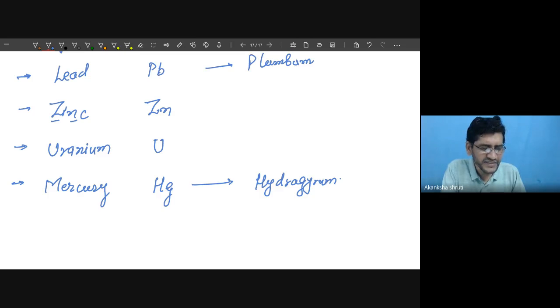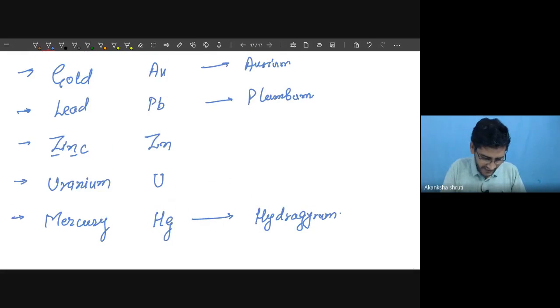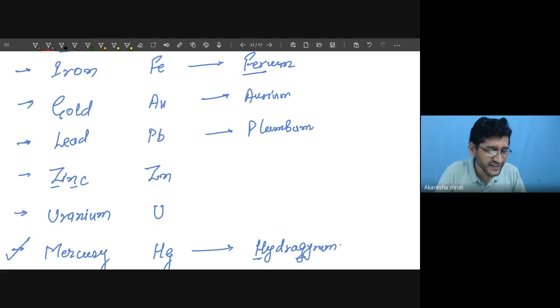Students, these are important that we have to keep in mind. Here, the Latin name for mercury is important, or rather all the Latin names are important, to keep in mind what the symbol is. So H and G is taken from mercury. The other one, our lead, is called plumbum.